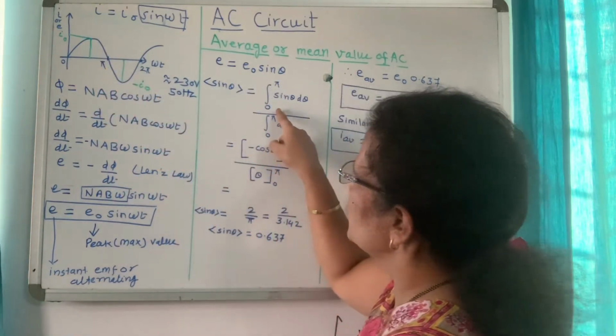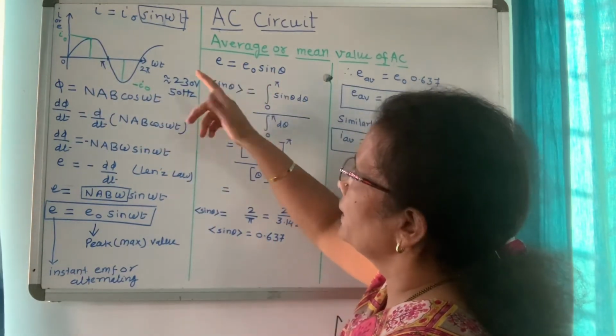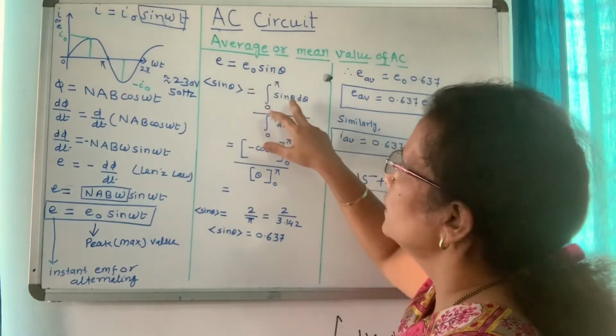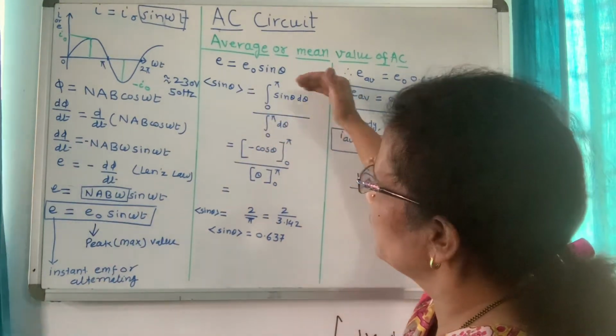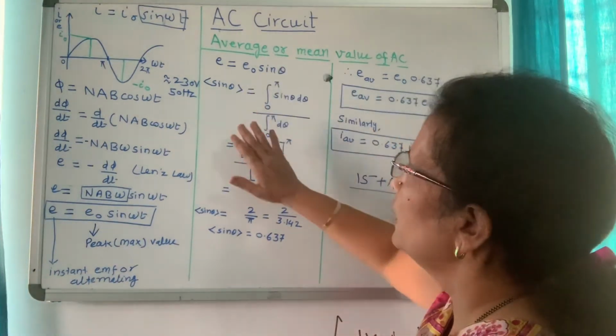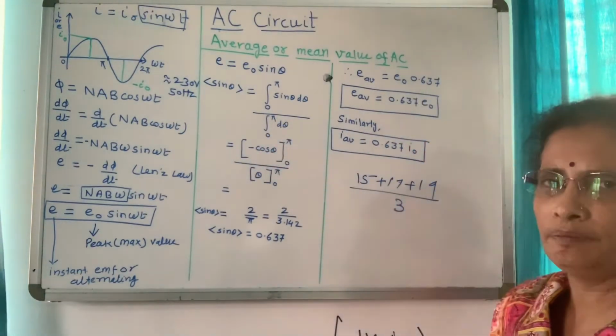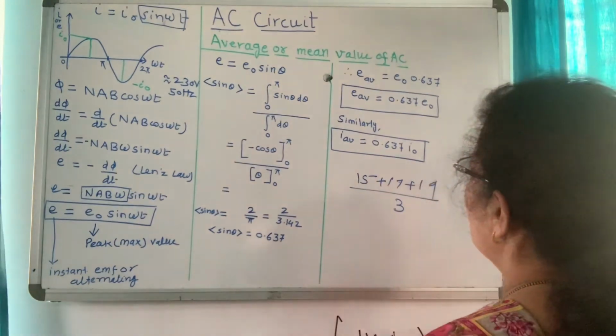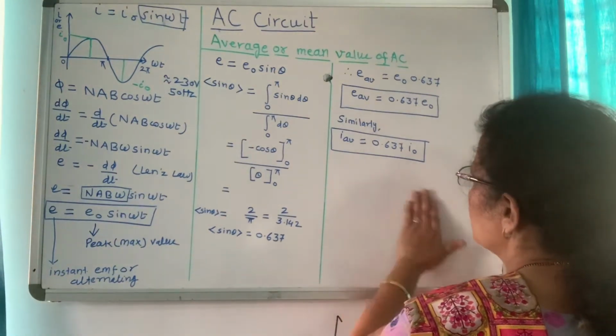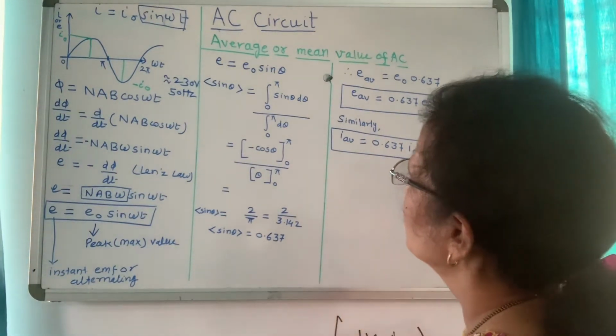So the limit is 0 to pi, and it depends upon sine theta. So all sine thetas are to be added up from 0 to pi and divided by the number of terms, that is the integral from 0 to pi of d theta. Right? A simple, algebraic way of taking the average.